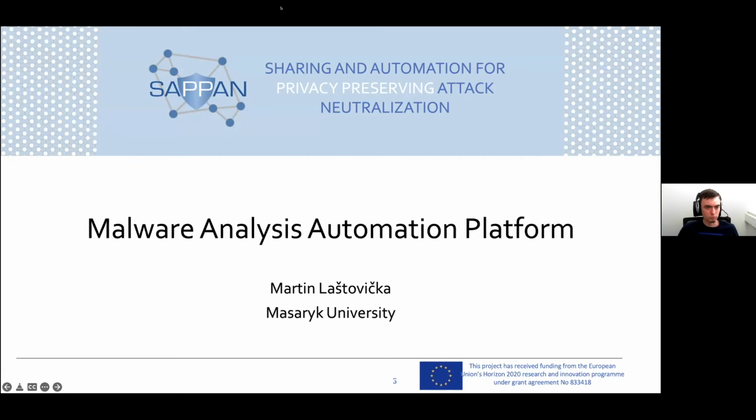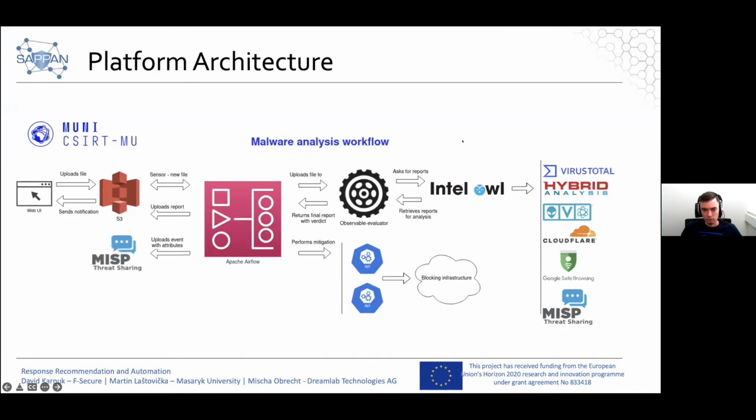Okay, hello. We will save some time and will not switch the screen sharing. So I will be presenting the malware analysis automation platform from here. We can start by introducing the platform architecture on the next slide, where you can see a lot of systems, which I will try to quickly describe.